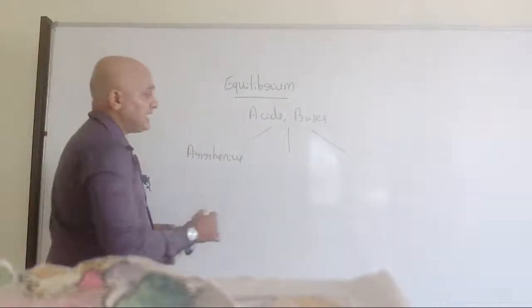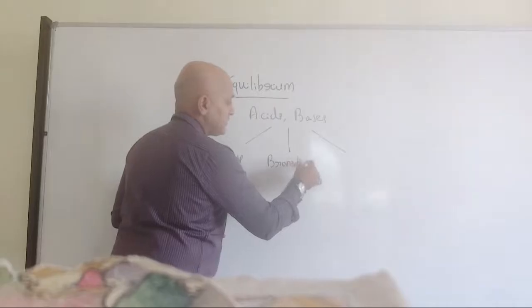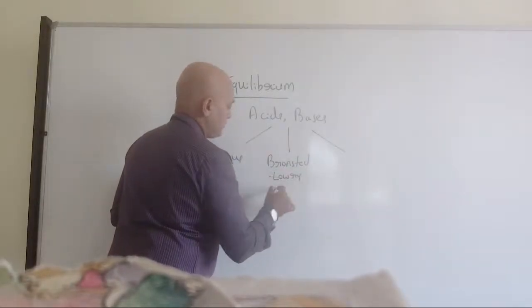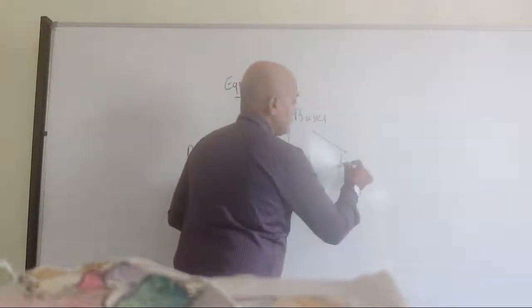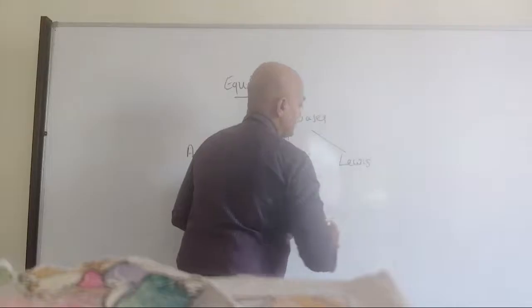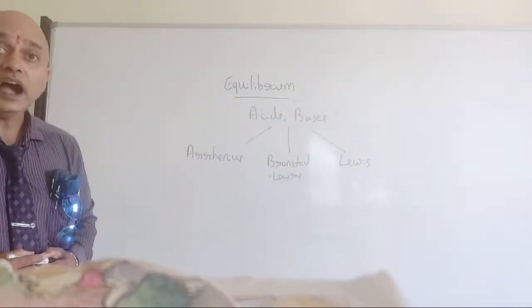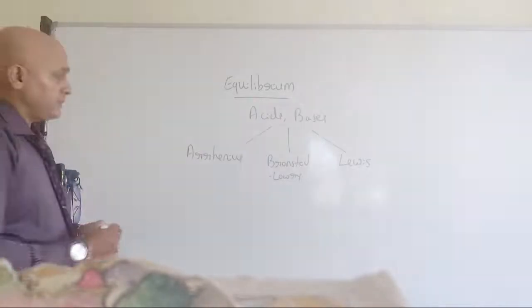The next one is Bronsted-Lowry theory, and the last one is Lewis theory. Right? What does Arrhenius theory talk about?